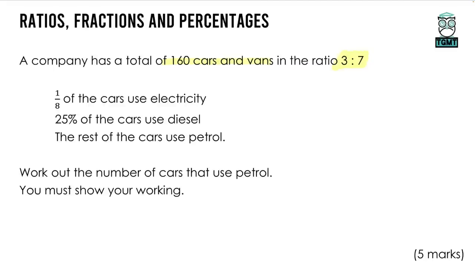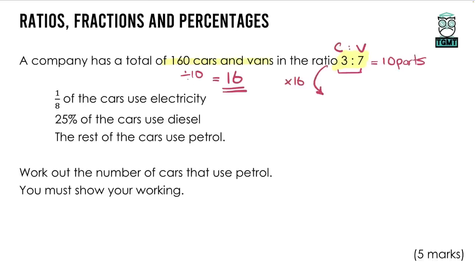So to work out how many cars or vans there are, we're going to need to first split it in this ratio. It's quite a nice one here. They do add up to 10 parts, similar to a previous question. So when we split this into parts, we want to divide by 10. So 160 divided by 10 is equal to 16. If we label this up as cars and vans, to work out how many cars there are, we're just going to times both of these by 16.